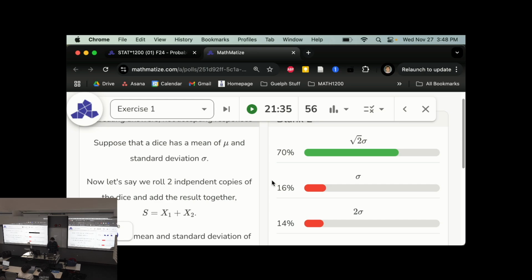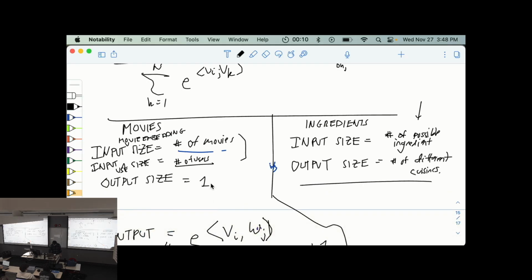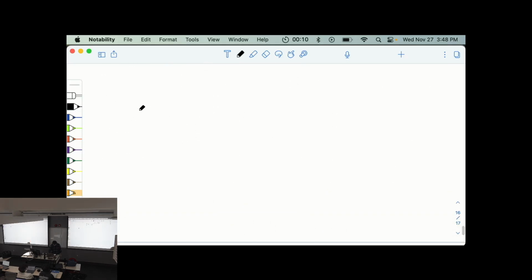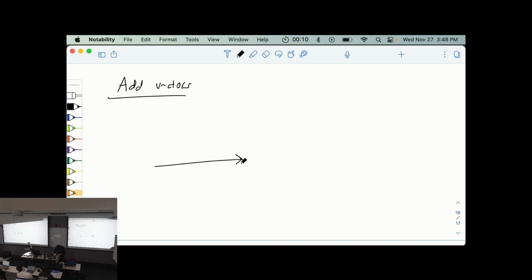There is one other thing in your life that you have seen before that is like this, which is if you add vectors together. If you add one vector like this, let's call this the x-axis vector, and you add this to the y-axis vector, even if the length of x is 1 and the length of y is 1, and someone says, please tell me the length of x plus y.